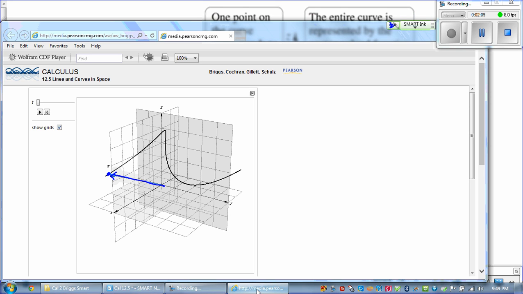And now, as t varies, we're identifying a different point on the curve. So notice we're letting the values of t increase. And as the value of t increases, we're getting a different point on the curve, which corresponds to a different vector.